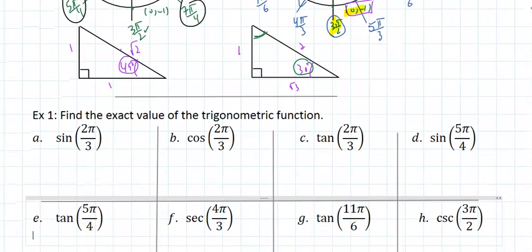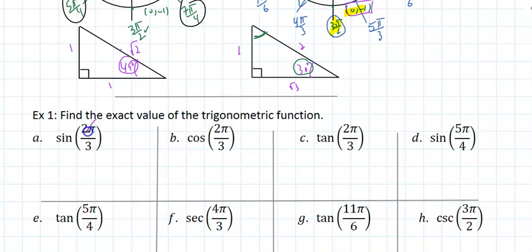So if I look at this, using the reference angle, this is 60 degrees. Find the exact value. 60 degrees is right there. Sine is the opposite over the hypotenuse. Again, the question is always, which quadrant is this in? That's going to be the question all the time.